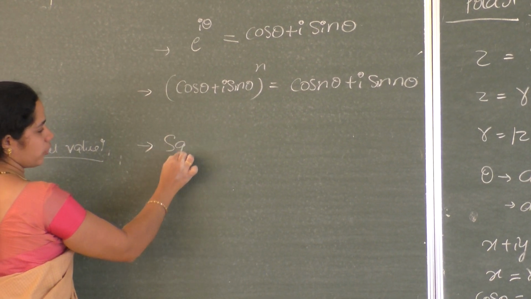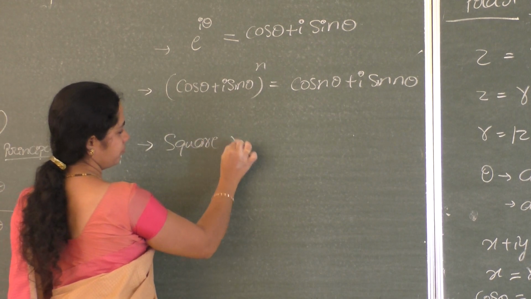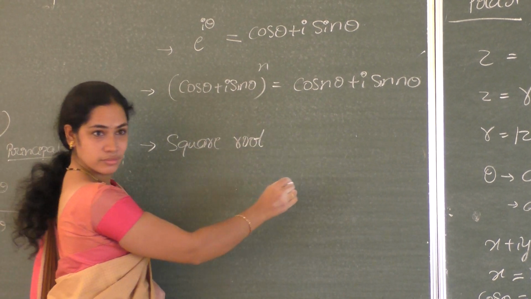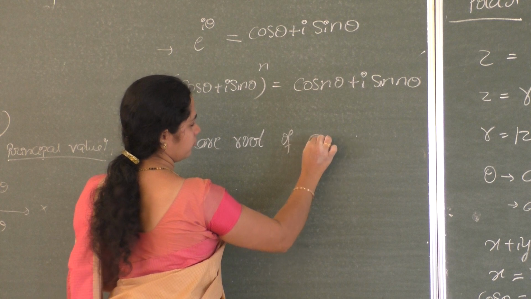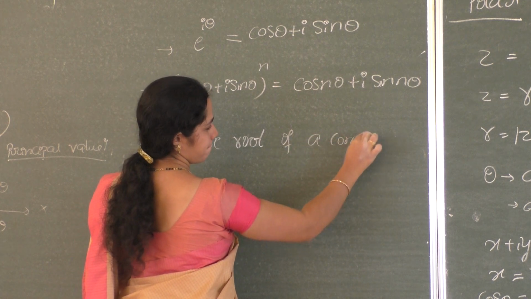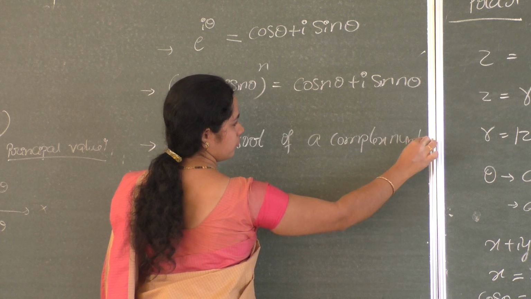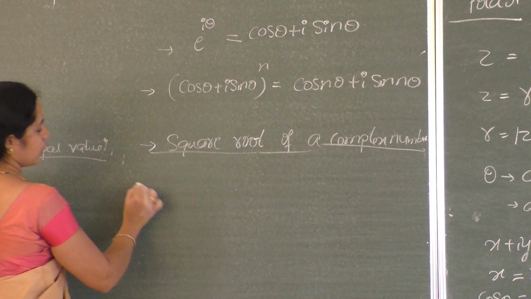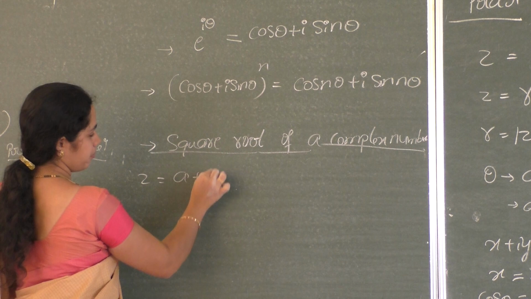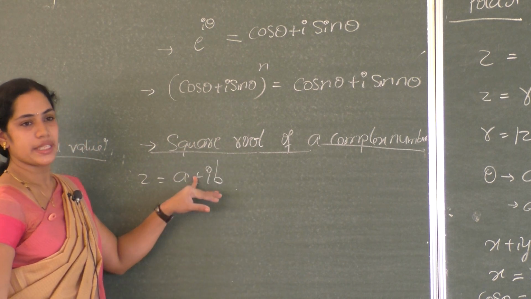One more is the square root of a complex number. Suppose z equals a plus ib is any complex number.